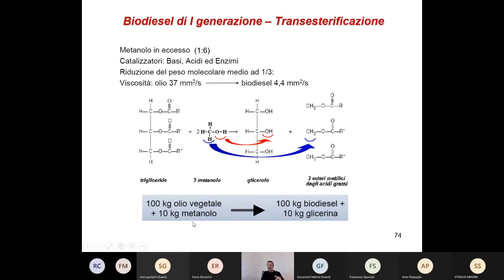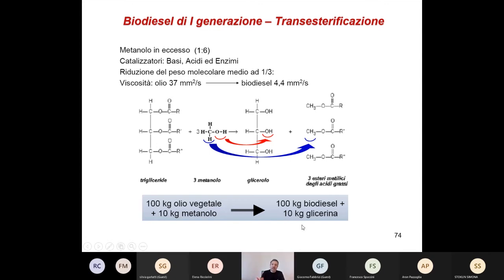But this is also the limit of this first generation biodiesel: the vegetable oil creates competition with agriculture for food production, and of course a lot of methanol is needed for the reaction. So you can see some limits to this pathway, and you have to introduce a circular economy vision.